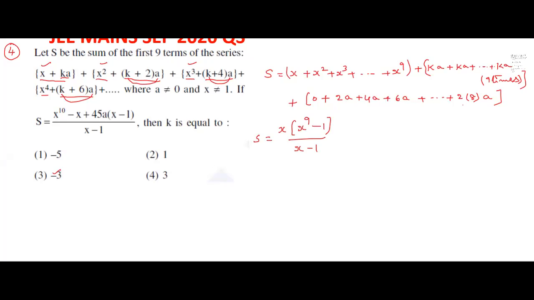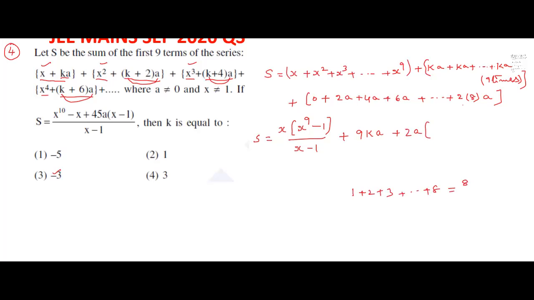Here Ka plus Ka plus Ka and so on, 9 times, that is 9Ka. Plus, take 2A common; remaining how many terms do we get? 1 plus 2 plus 3 and so on, 8 terms, 8 natural numbers.